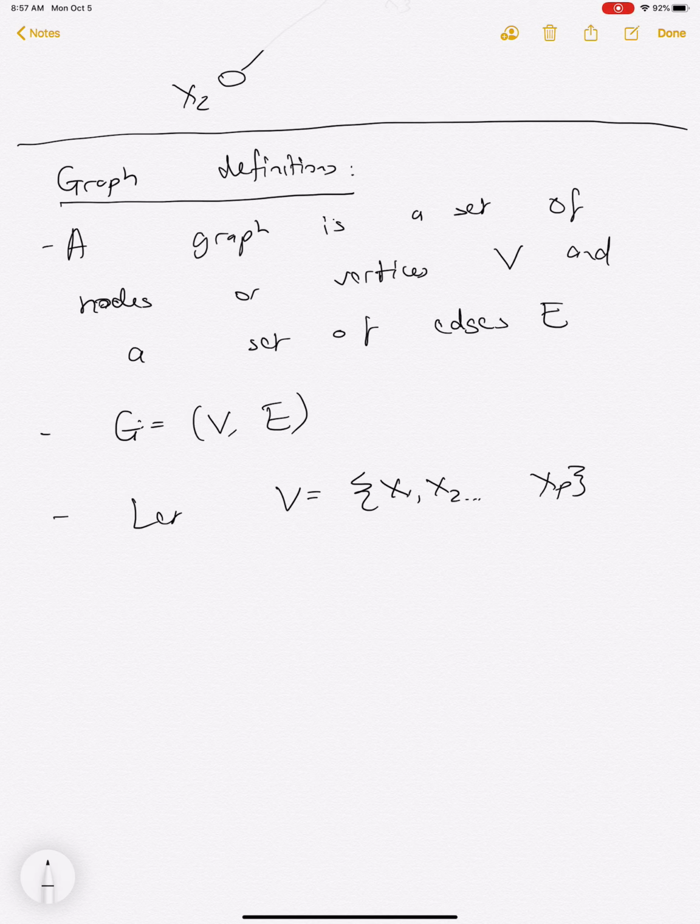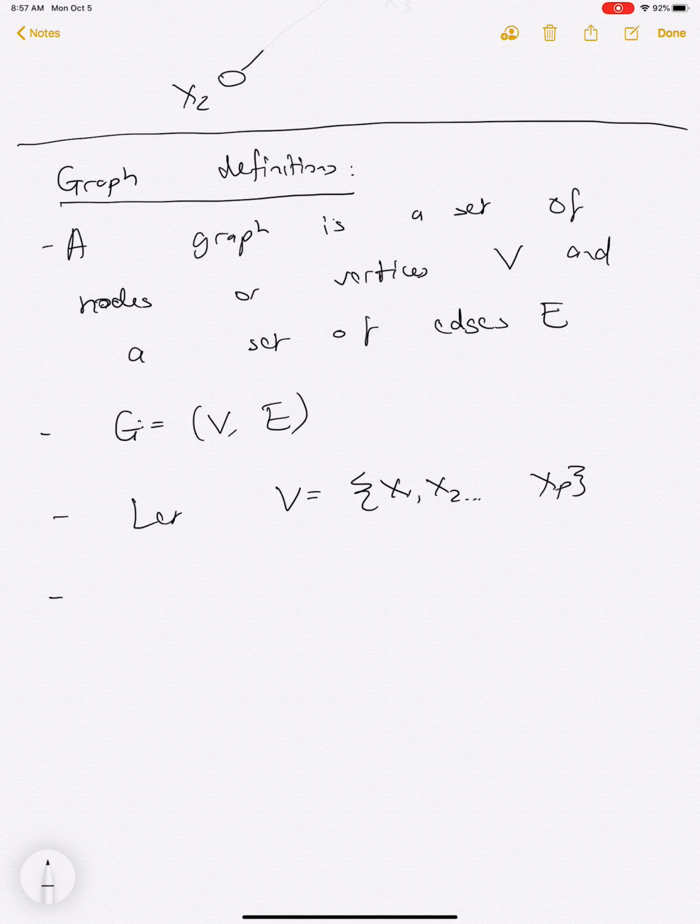We're conveniently using the same notation for the random variables as we are for the nodes of the graph, because that's exactly what we're doing for graphical models. But here I'm talking specifically about graphs, and these are very widely used concepts.